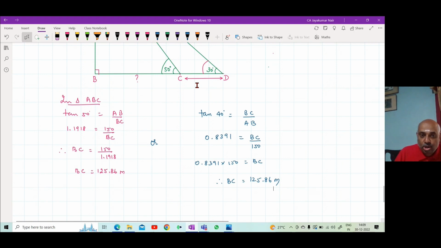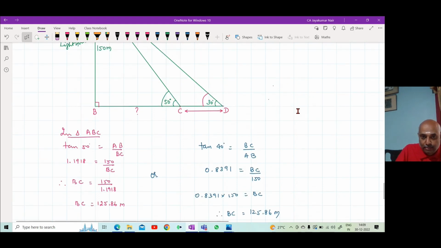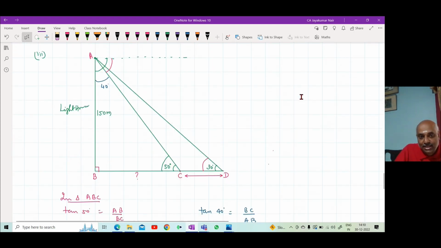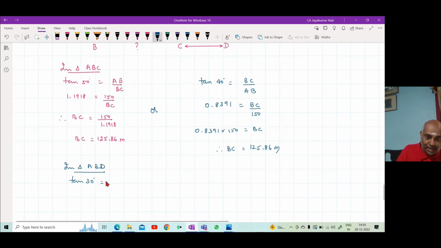Okay, so I know the length of BC. Now I'll find out the length of BD. In triangle ABD, what is tan 30? Tan 30 is perpendicular by base, so AB over BD.